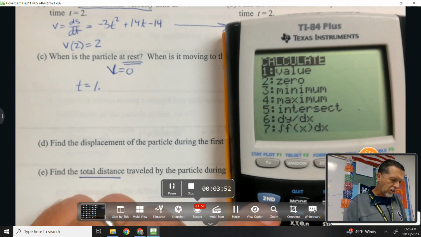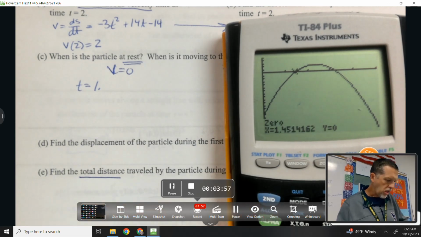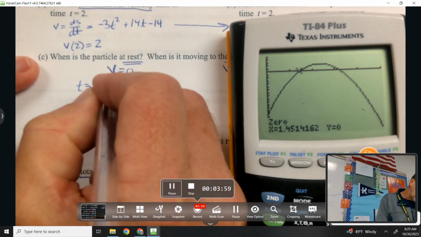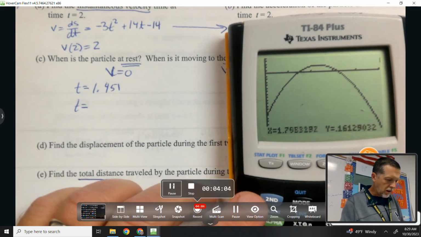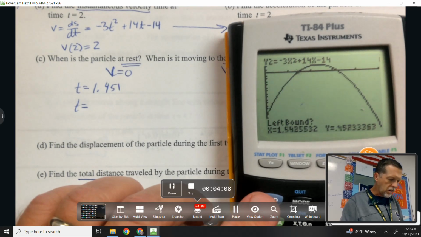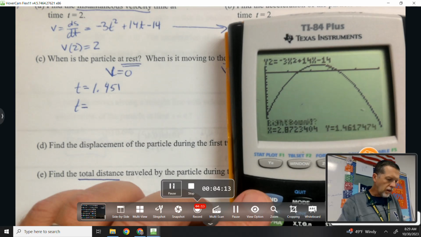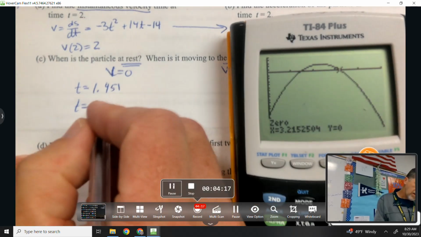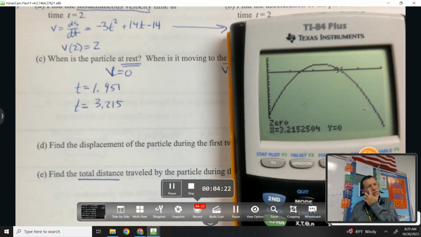Second calc 0. 1.451. And second calc 0. The other one. Left bound, right bound, guess. 3.215. So there's my 2 places where velocity is 0.